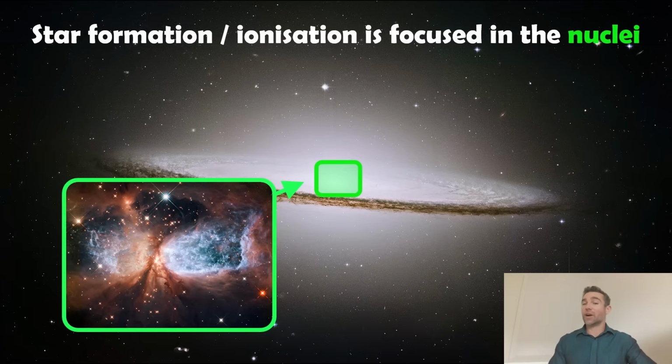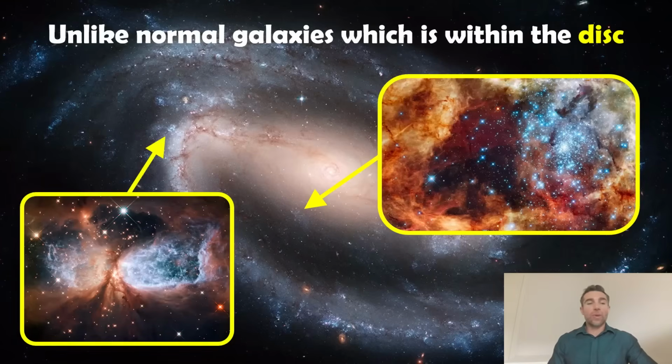Hence why we would classify these as an AGN and not a normal galaxy. In a normal galaxy, we would expect star formation occurring pretty much all within the disk itself. It can be focused in the spiral arms because that's where the gas gets compressed and then the stars form from gravitational collapse. But it might be all over the disk as opposed to being centered in the nuclei instead. So that's what sets them apart.